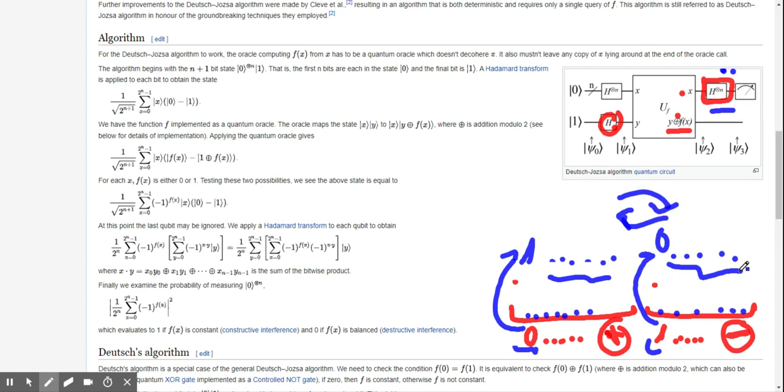In the case it's balanced, why does this?